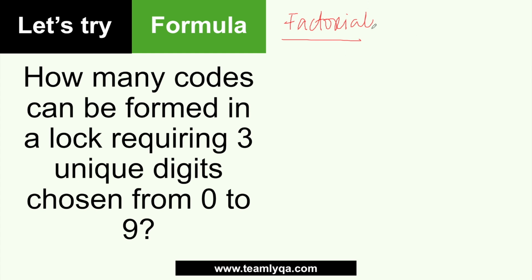For example, if we're talking about 4 factorial, this is equal to 4 times 3, which is yung number pababa, times 2, times 1, hanggang makaabot ka sa 1. So, ang 4 factorial is actually equal to 4 times 3, which is 12, times 2, 24, times 1. Okay? Now, that is just an example of what a factorial means.